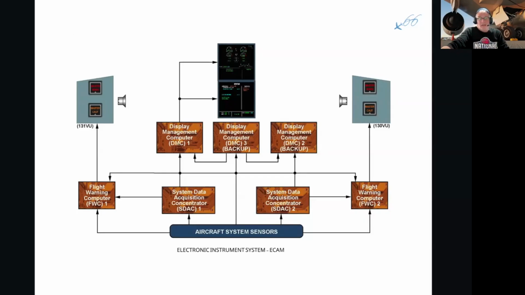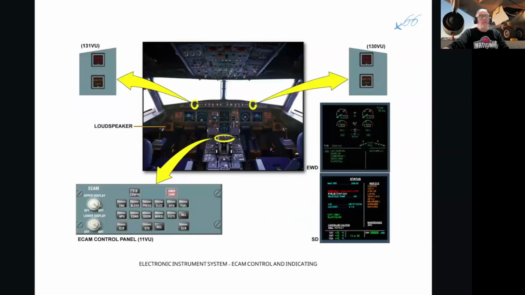Okay, so as we said, the two ECAM screens here, these ones, we have an upper ECAM display and a lower ECAM display, and they have separate names, as in one's called an EWD, an engine and warnings display. So here we have the engine, the primary engine parameters, and below this line we have the warnings.